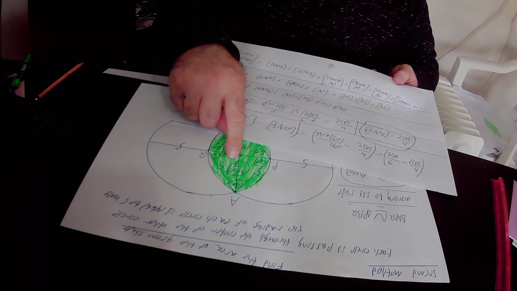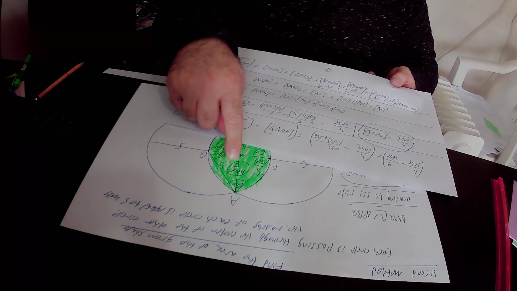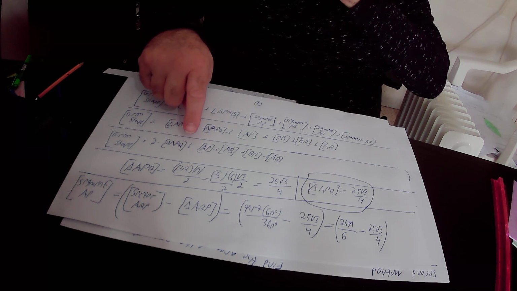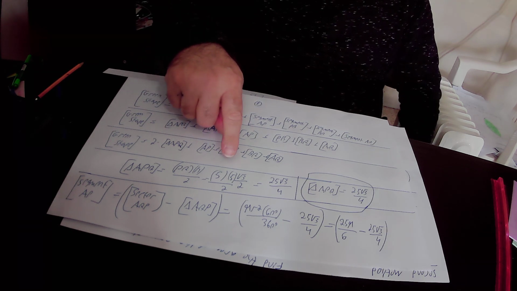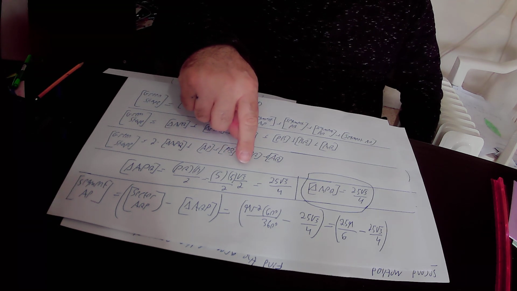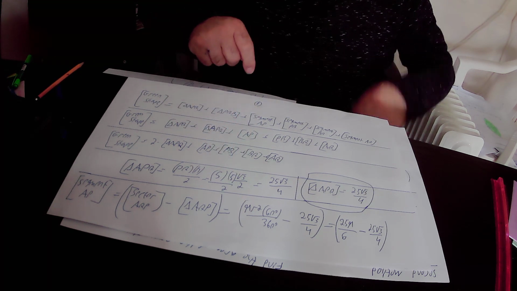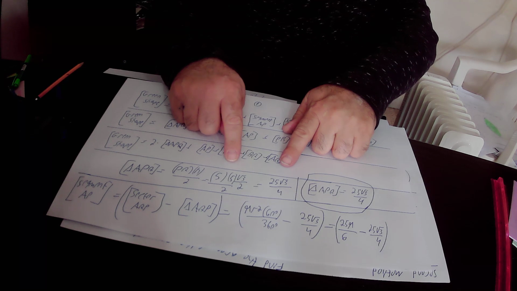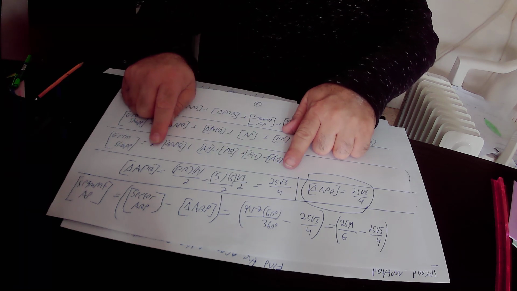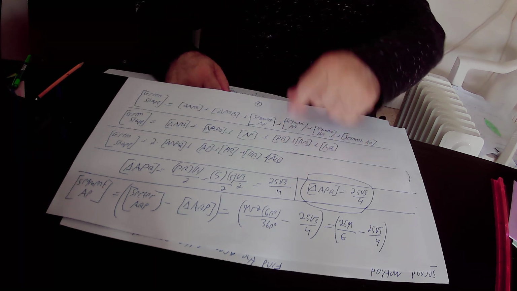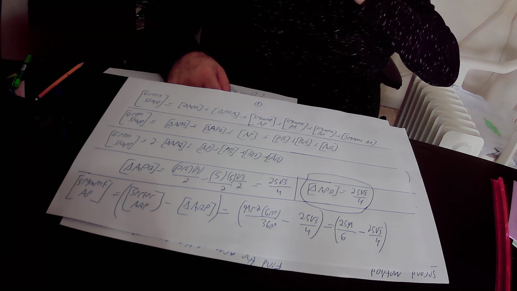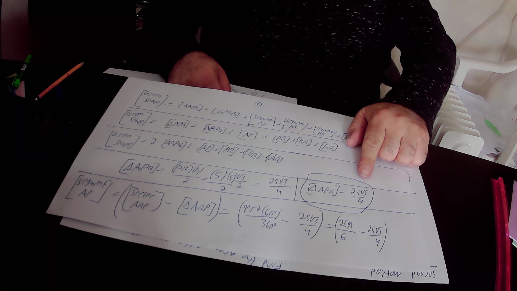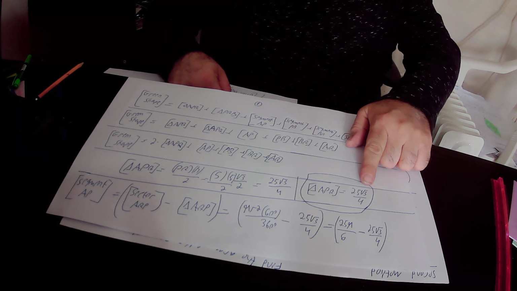H, we found in the first method, equals 5 times square root of 3 over 2. So it is 5 times square root of 3 over 2, all divided by 2. So the area of triangle APQ equals 5 times 5 is 25, so in the numerator we have 25 times square root of 3 over 4. So in conclusion, we found out that the area of triangle APQ equals 25 times square root of 3 over 4.